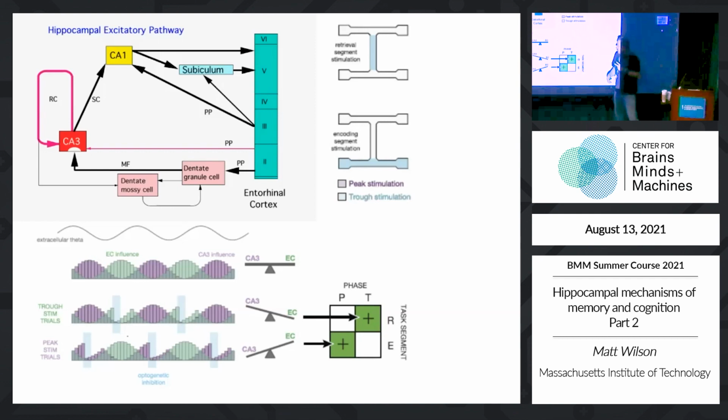And further, it's not that there's a good phase and a bad phase, it's that each phase carries different and to some extent complementary computational functions. There are different phases that have different utilities in different phases of a behavioral task.